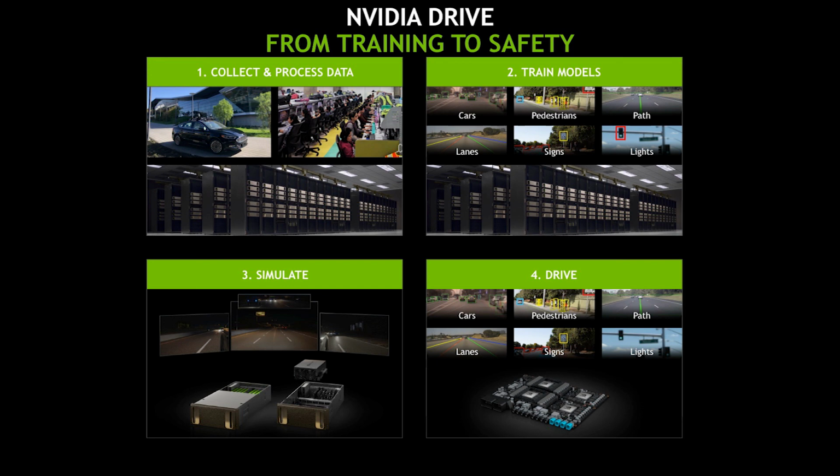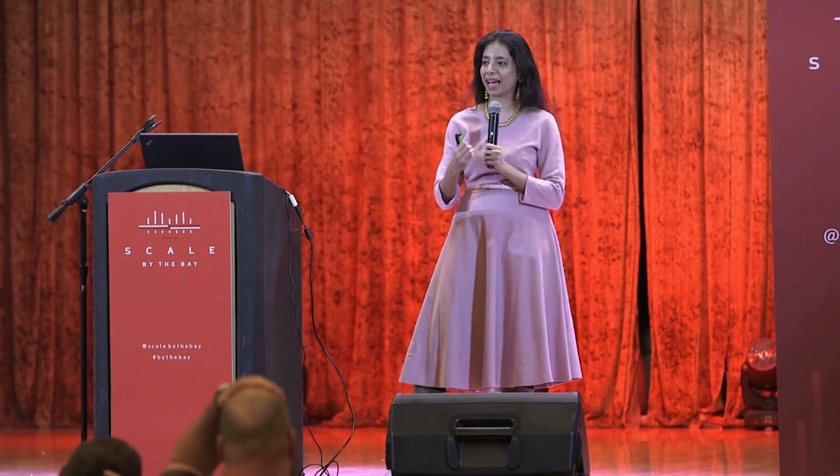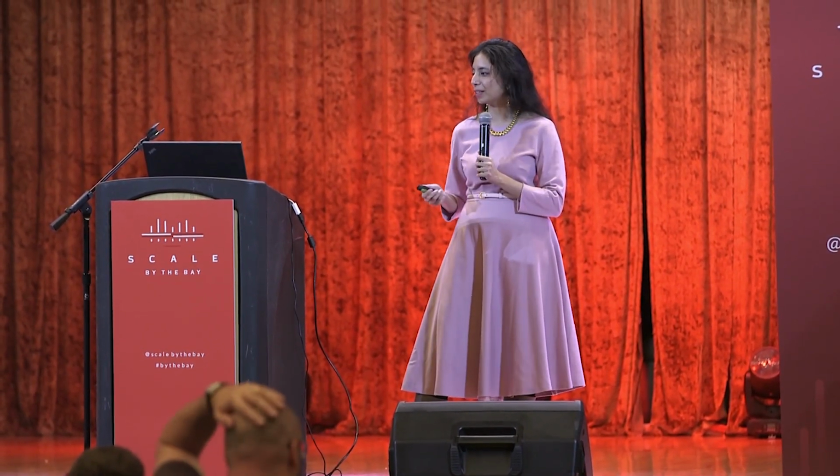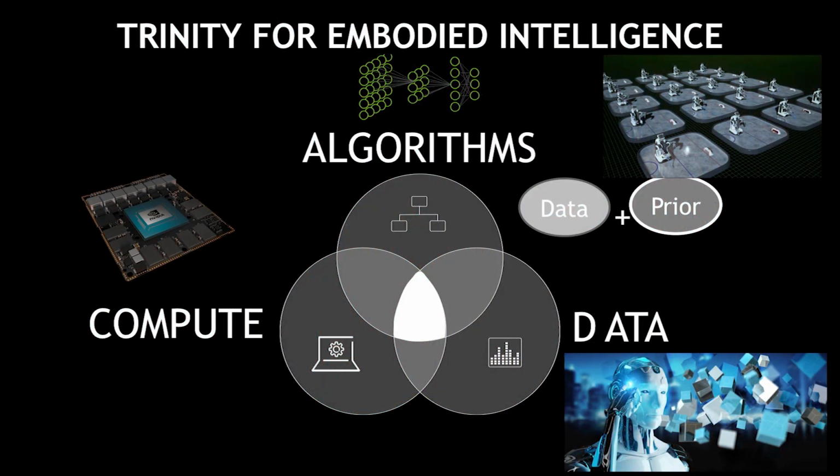We are experimenting our algorithms now on these photorealistic and physically valid drive simulators. And there's so much of testing and safety critical analysis we can do there before taking it to the real world.